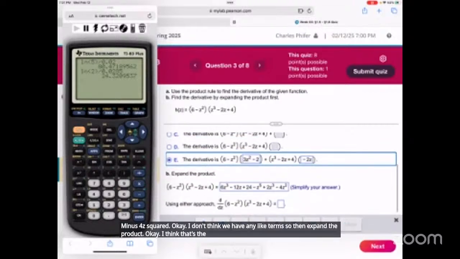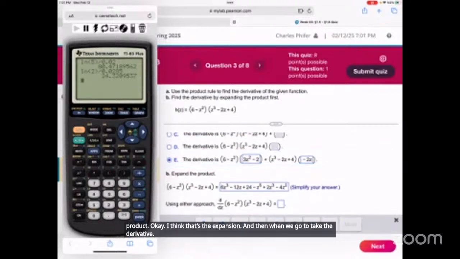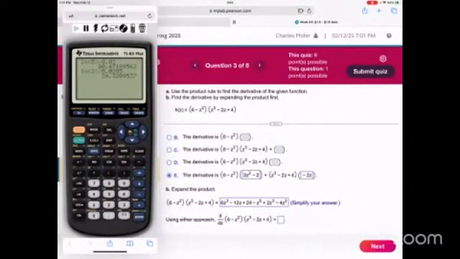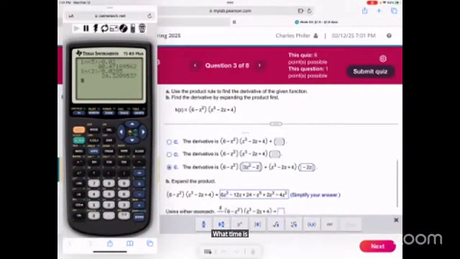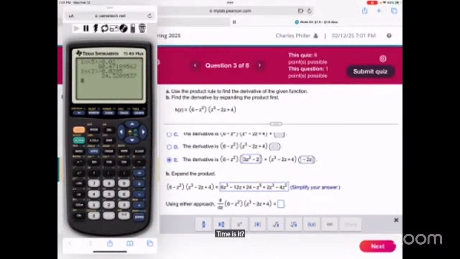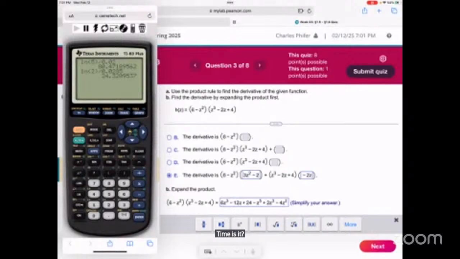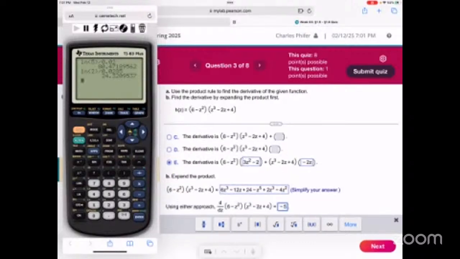And then when we go to take the derivative, what time is it? Okay. I'm going to try to put this in descending power order. So negative 5z to the power of 4.